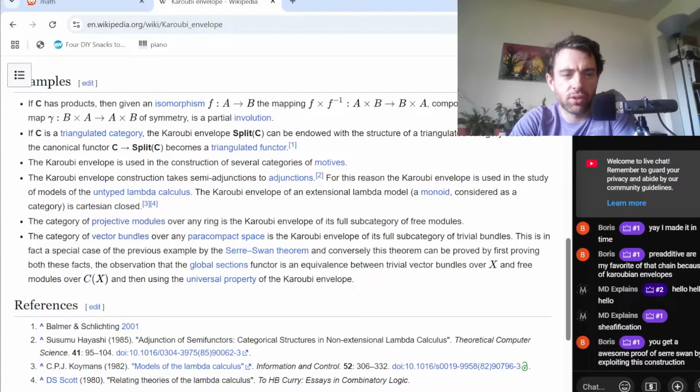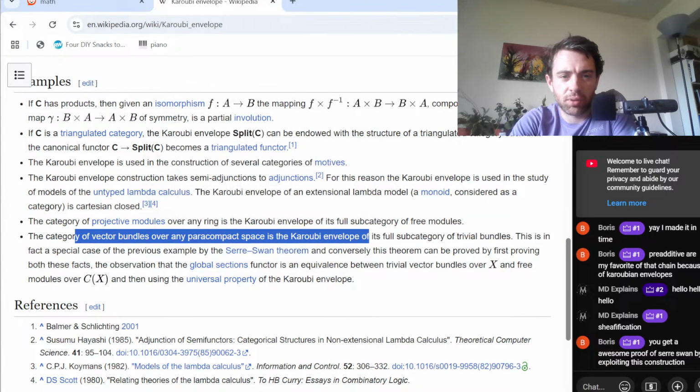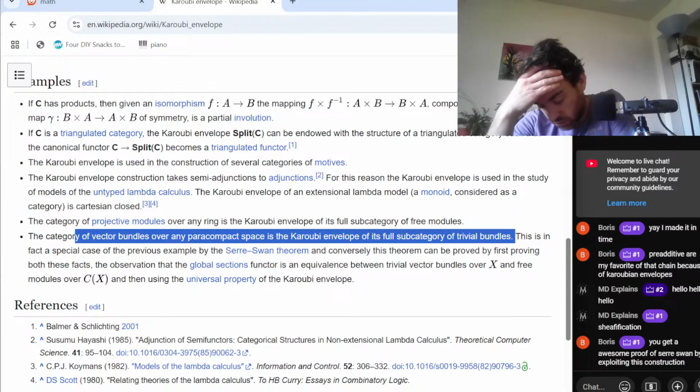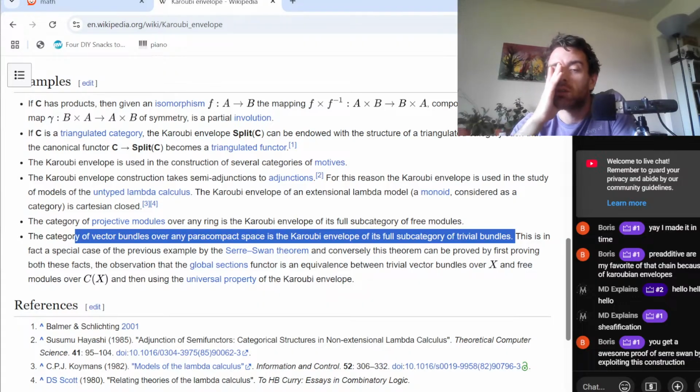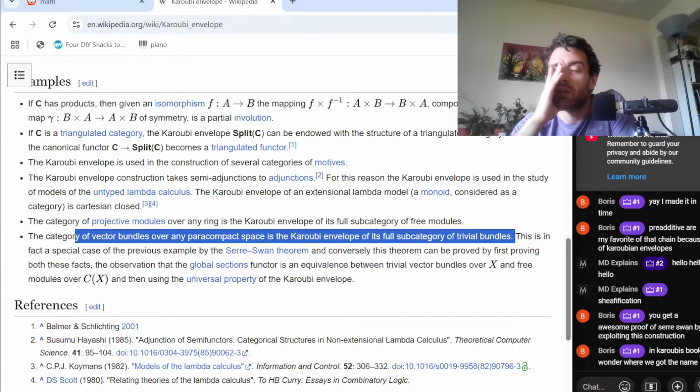Oh, it's here. The category of vector bundles over a paracompact space is the Karoubi envelope of its full subcategory of trivial bundles. Really? Trivial bundles, so just the n-dimensional trivial bundle? And you take the Karoubi envelope of that and you get the category of vector bundles? Why isn't there a citation for this? Where do I read more? Karoubi's book. Oh, okay.